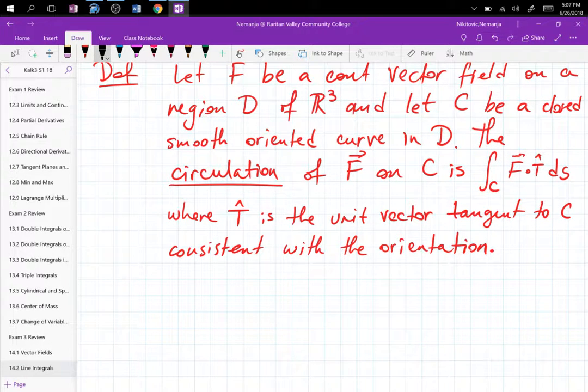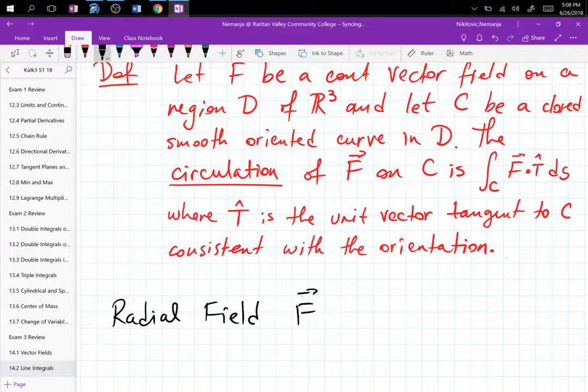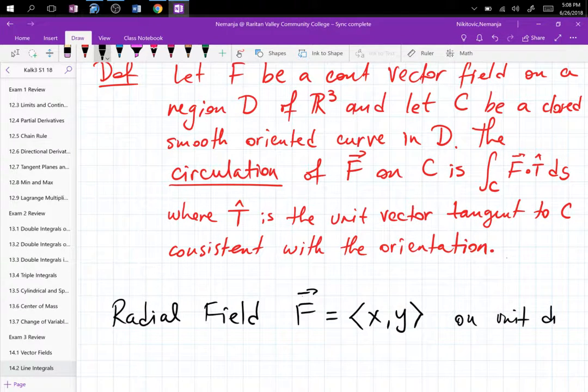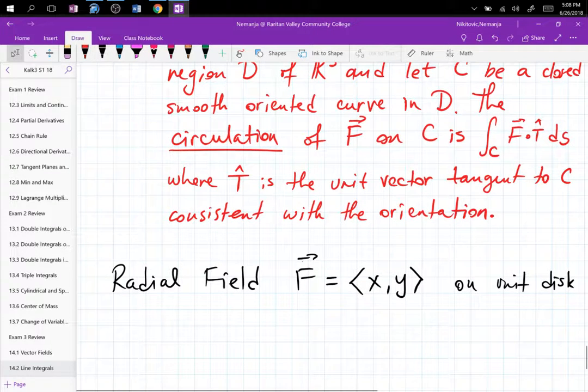So we are going to take a look at the radial field given by the vector field F equals x, y. I hope we are on a unit disk. Please be on a unit disk. Thank you for being on a unit disk. Now when you see a unit disk, the circumference of that disk is a unit circle, and the parametrization of the unit circle is going to be very simple.